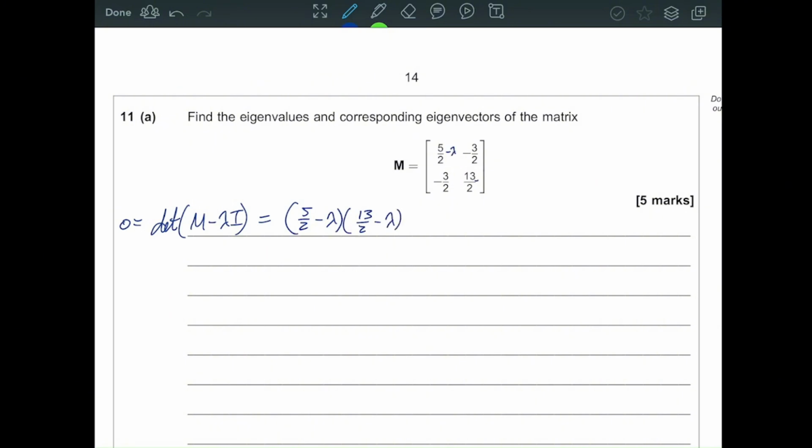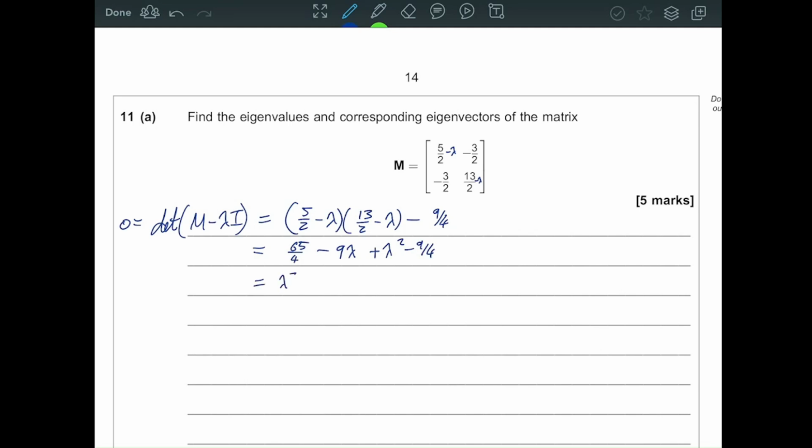I've just put a minus lambda on those two. Minus, there's a lot of negatives going on, but a lot of them pair up. 5 times 13 is 65 over 4 for the constant term. We've got minus 9 lambda plus lambda squared minus 9 over 4.